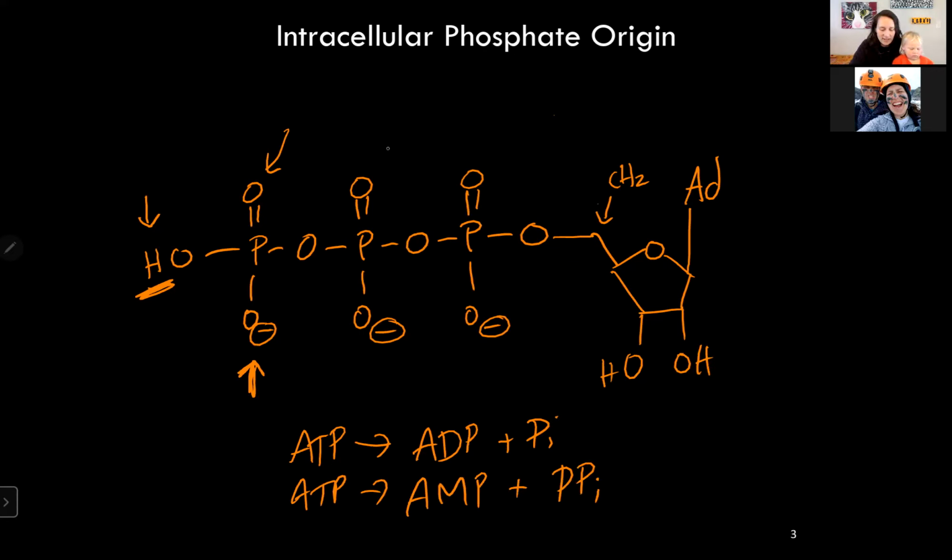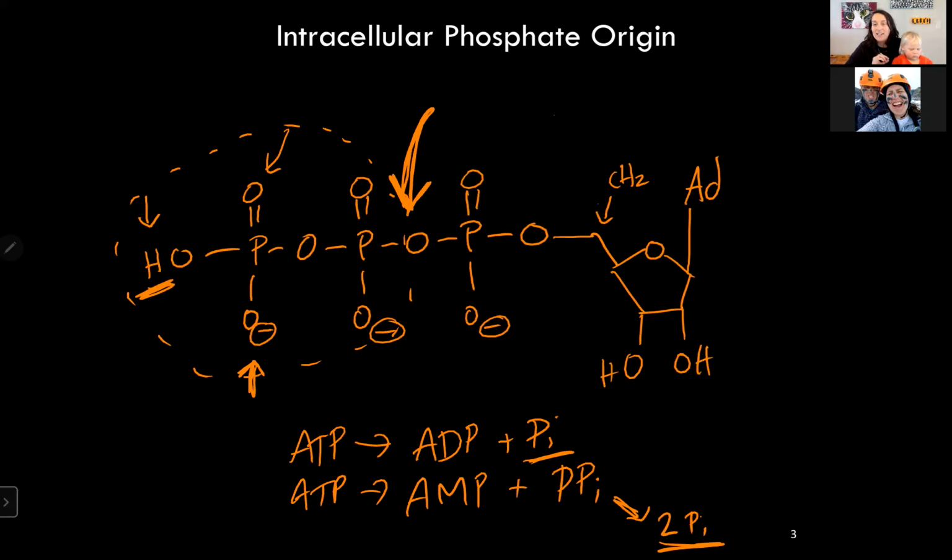It's essentially you hydrolyze this bond right here. So you have these 2 phosphates linked together. But that inorganic pyrophosphate will be further broken down into 2 free phosphates. So this is where the phosphate is coming from inside your cells that's acting as that intracellular buffer.